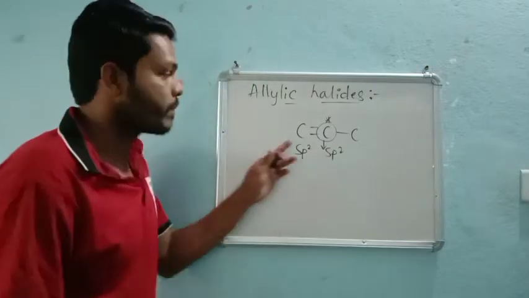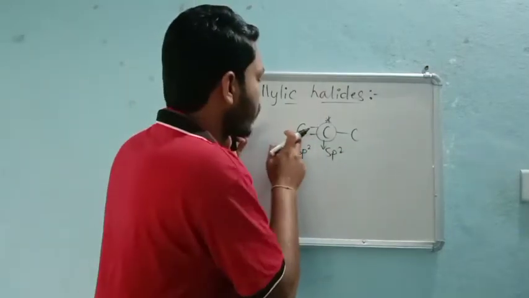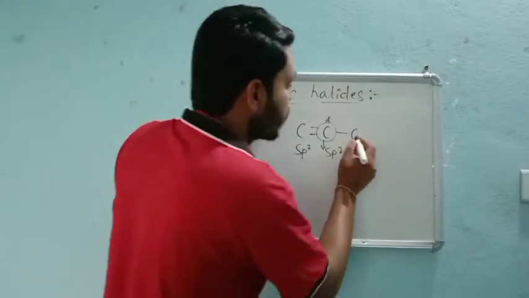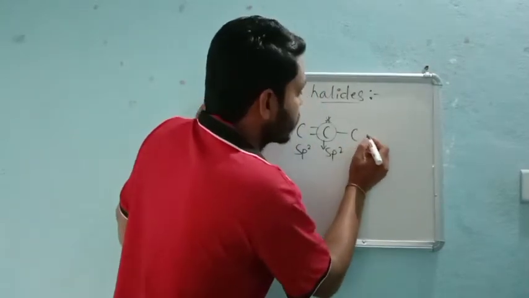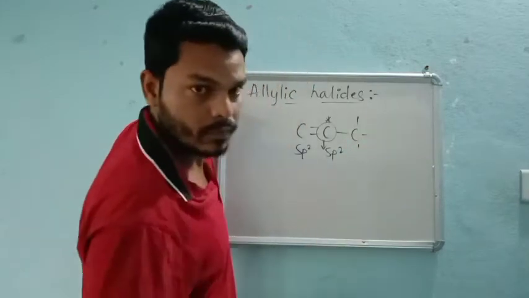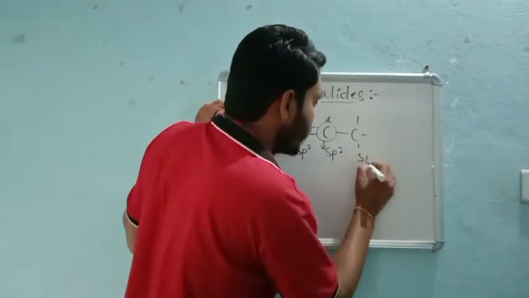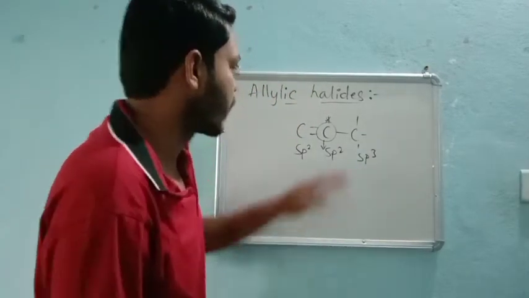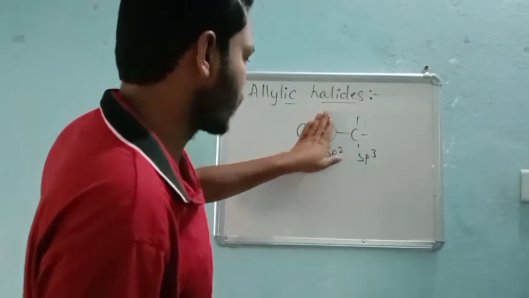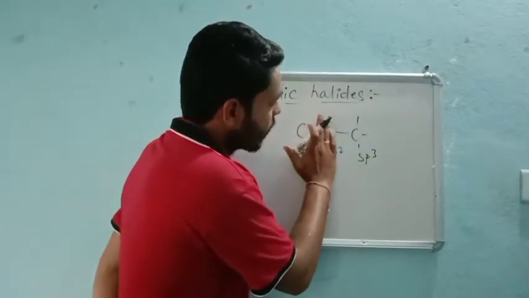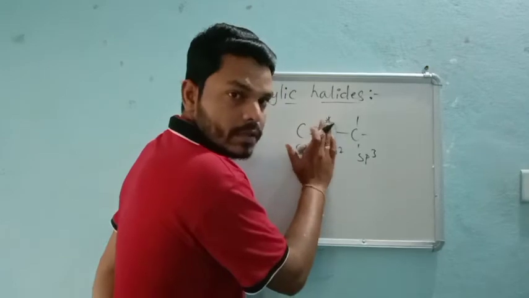Why? Because it has a double bond, and no doubt about this carbon, because it has only a double bond. And now coming to this, if it is like this, then this carbon will be of what? sp3 hybridized. Why? Because you forget about these two carbon atoms and look here: all around this carbon atom there is a single bond only.